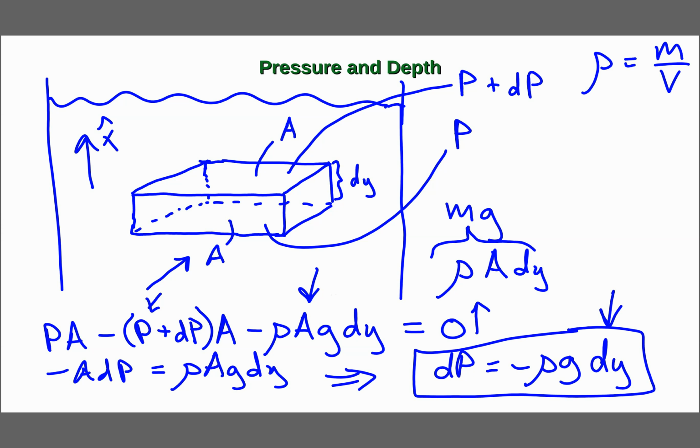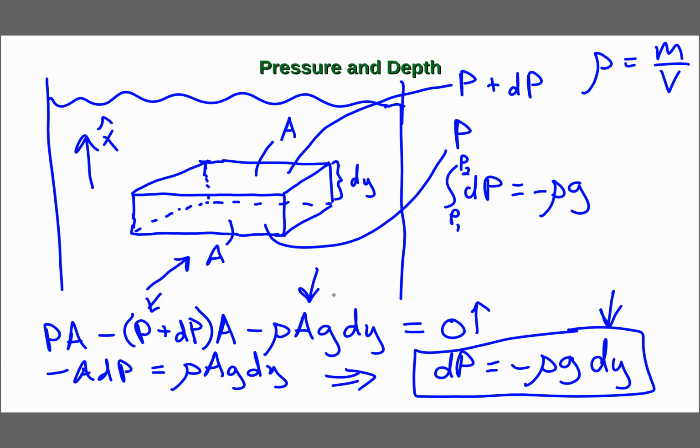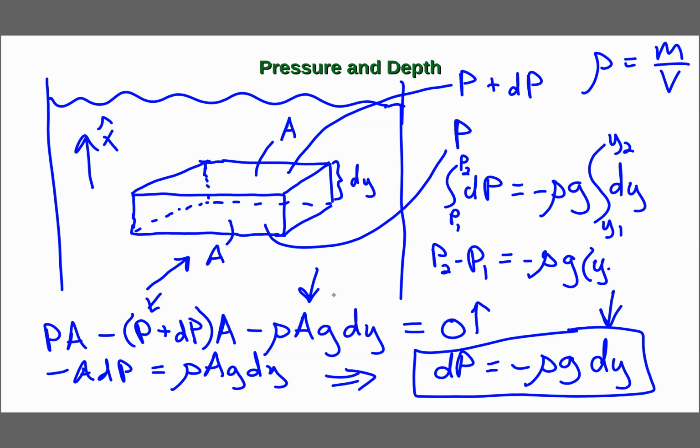Okay? And if we integrate this over a specific interval, okay, from P1 to P2 of minus rho g dy from y1 to y2, then we get P2 minus P1 equals minus rho g (y2 minus y1).